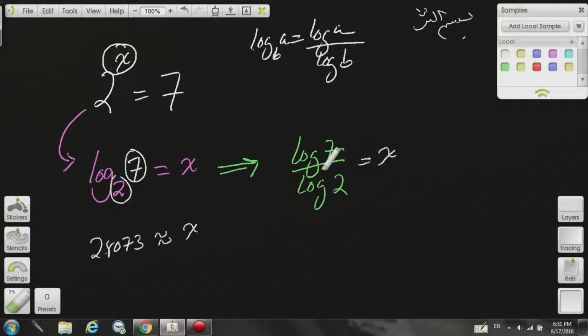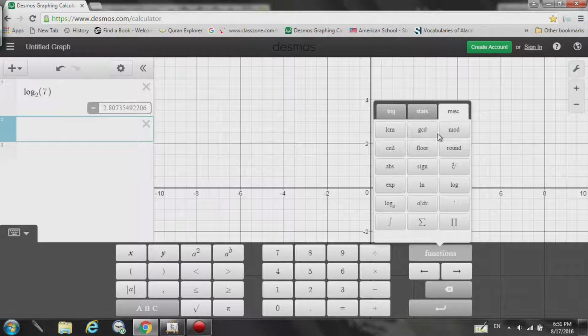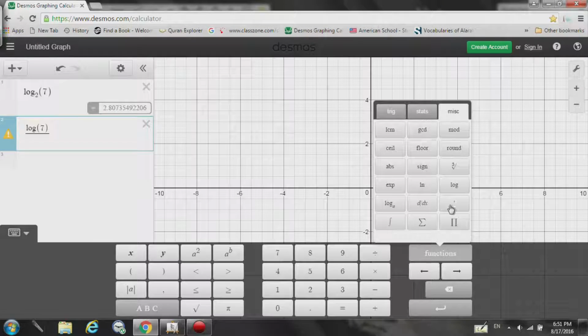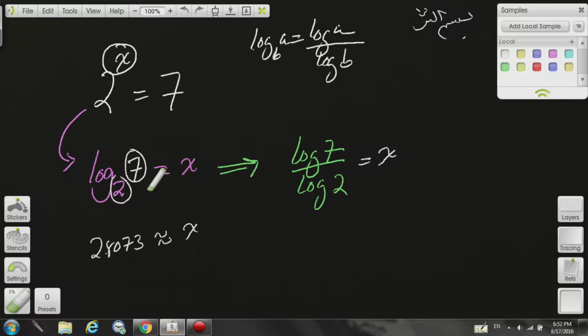So you can rewrite this as this, and then you can solve this. Let me do it over here. So this is log of 7 divided by log of 2. And again, the answer is the same. If your calculator has this, you can just do that. Or if not, you can just take log of 7 divided by log of 2.